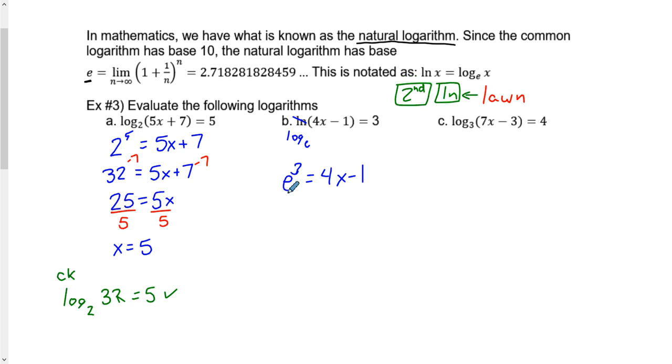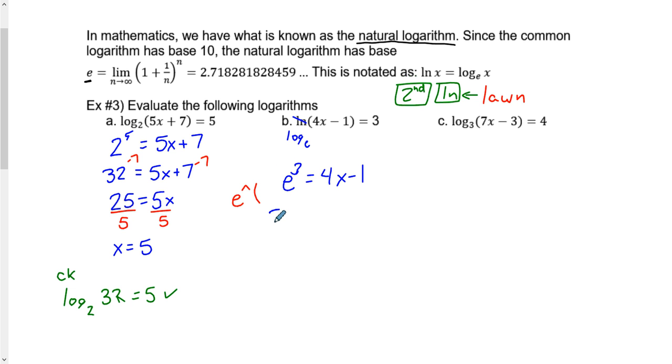So if I'm going to evaluate this, I'm going to put e to the power of 3 in. So I'm going to press second ln, and it automatically puts that power. It already says e to the power of something, so in this case, all I have to do is put 3.